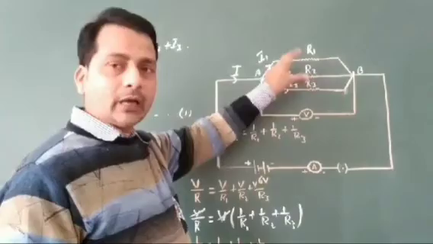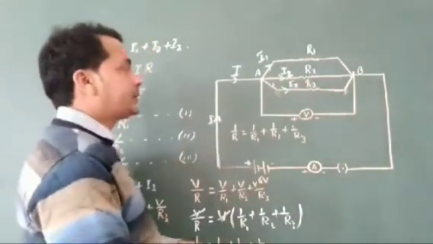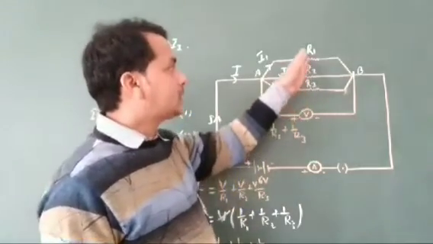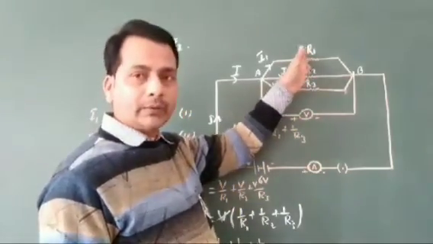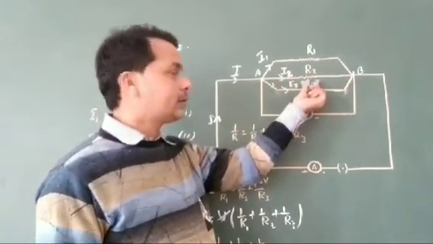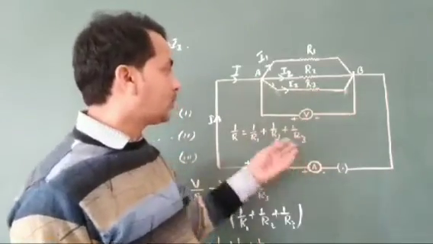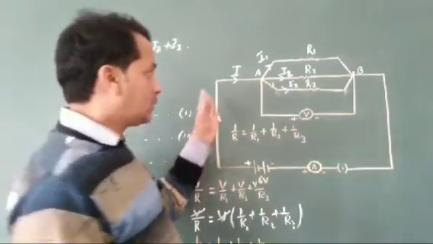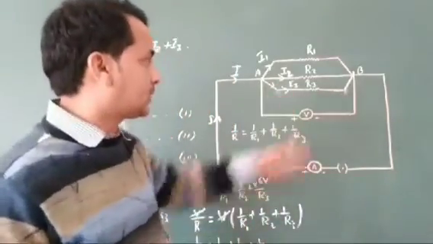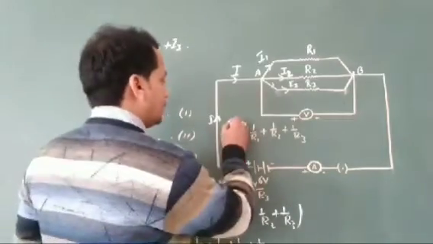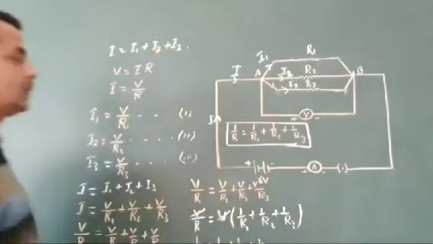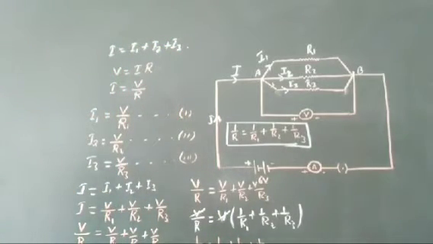So the net or equivalent resistance is the sum of the reciprocals of the given resistors: the reciprocal of R1 is 1 by R1, of R2 is 1 by R2, and of R3 is 1 by R3. So 1 by R equals 1 by R1 plus 1 by R2 plus 1 by R3.